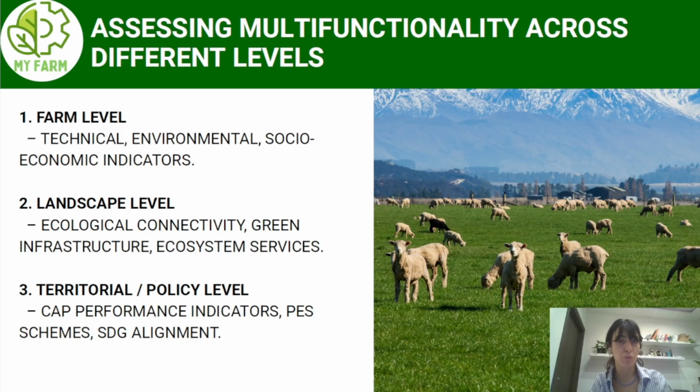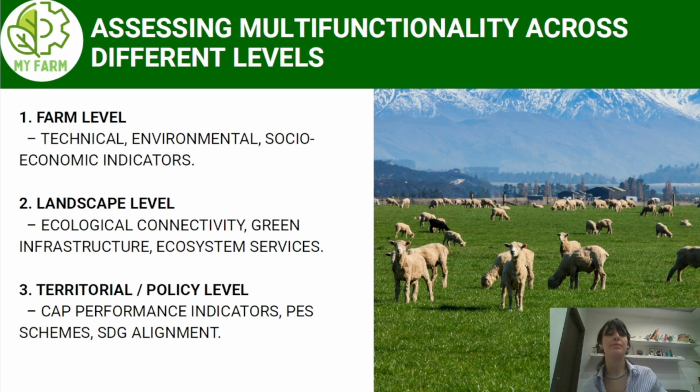When assessing multifunctionality, the first question we must ask is at which level we are operating. At farm level, we evaluate practices and management decisions. At the landscape level, we examine ecological interactions and service provision.